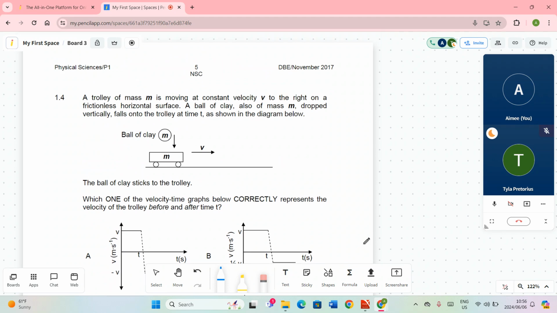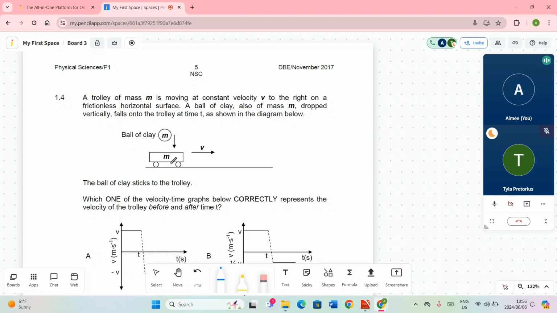Okay, then we see that this ball of clay with an additional mass of m falls from the sky and hits the trolley. Okay, so the important thing to remember is that the trolley will not change direction from a ball falling from the top and hitting it.